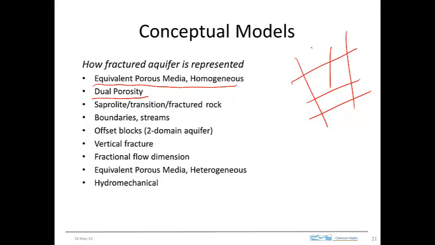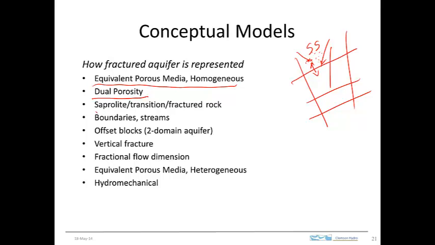So if this was a sandstone, for example, then it may have quite a substantial porosity, and so the fractures themselves would have one porosity and the matrix would have another porosity, and there would be exchange of water between the fractures and the matrix. And that can be important for the pressure response during well testing, as well as for contaminant transport, where the contaminants are transported from the fracture to the matrix, or back and forth.